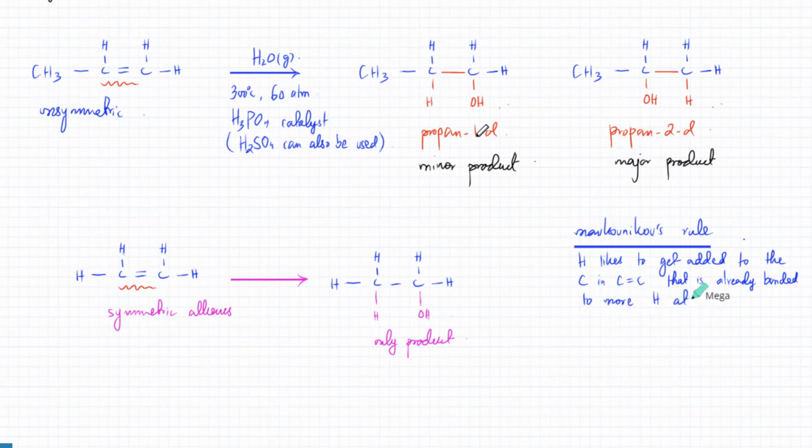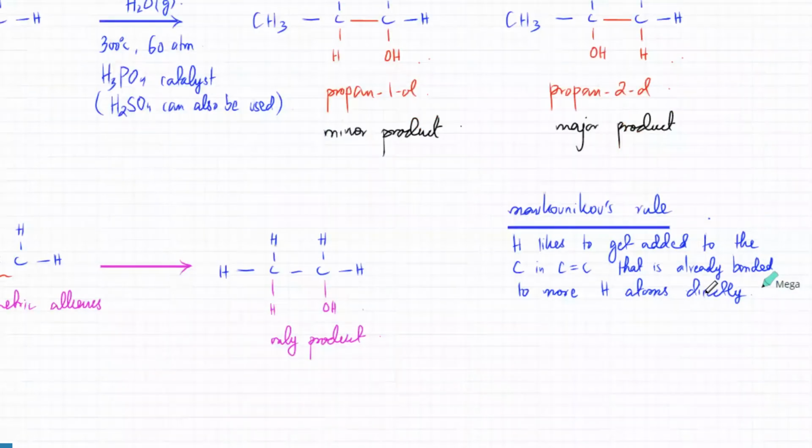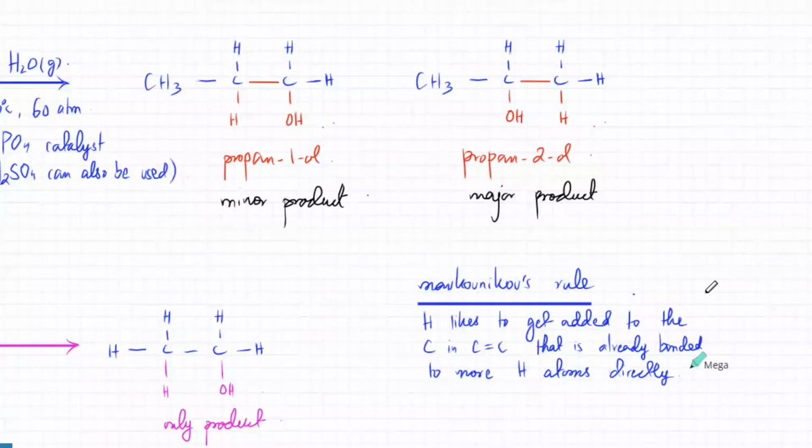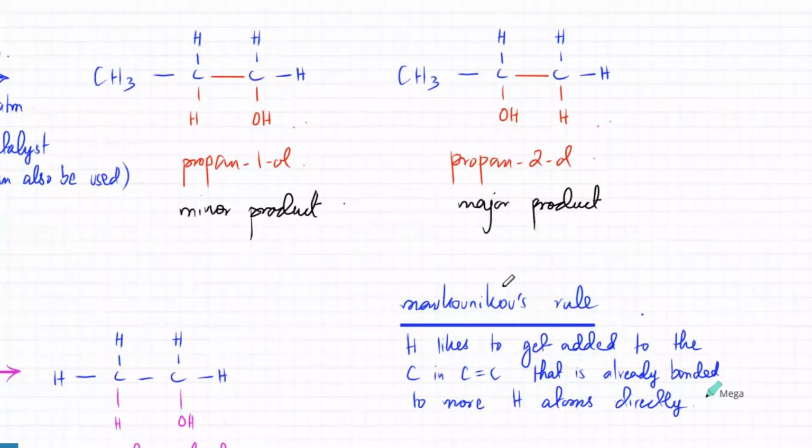But sir, then shouldn't the major product be... Achha, so it's already bonded to more H atoms directly. So let's focus on this. How many H atoms are bonded to this one?